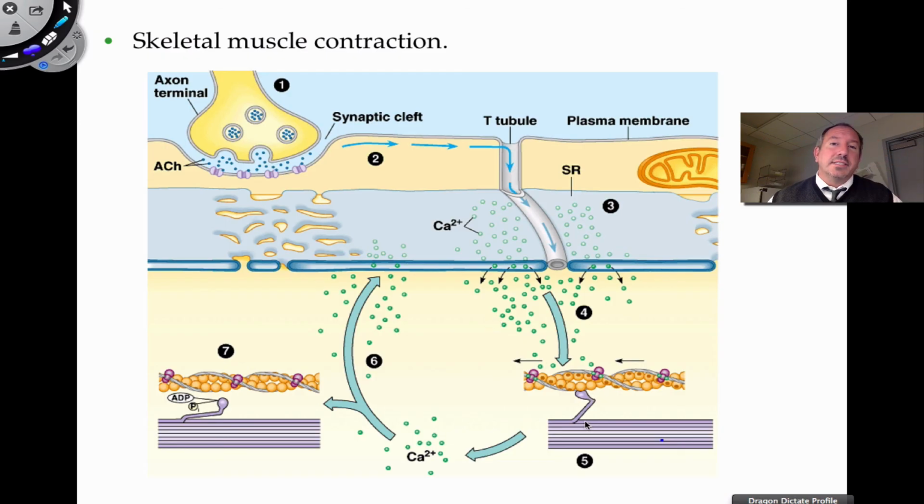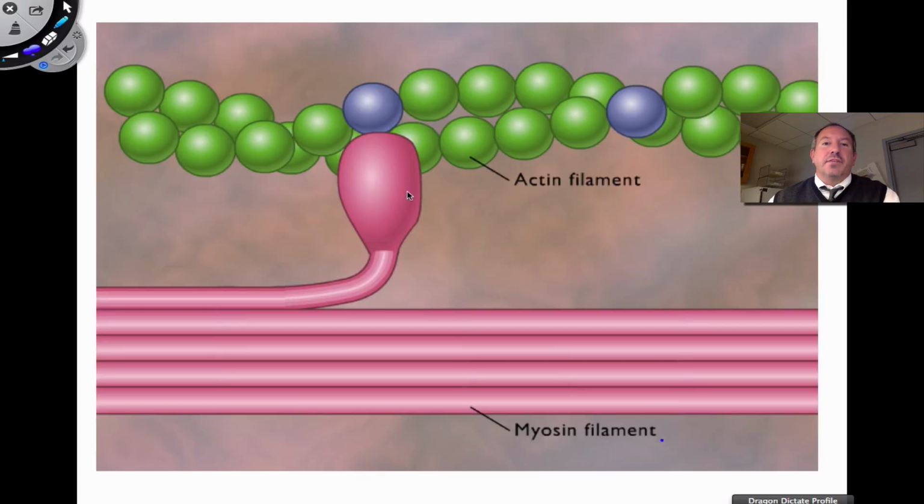What prevents myosin from interacting with actin is that there are some regulatory proteins. This long thread is called tropomyosin, and this little purple guy is called troponin. The muscle can't contract if tropomyosin is blocking the active site of actin. Right there, it won't contract.